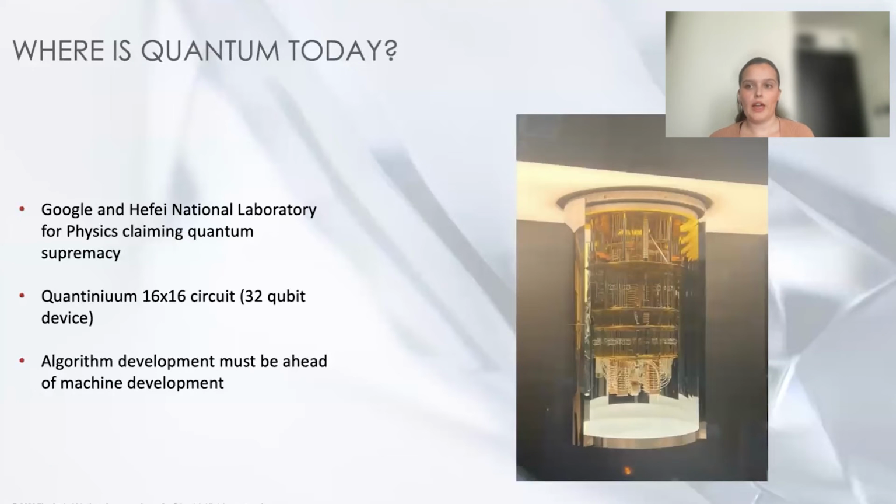So where is quantum today? We've had three separate claims of quantum supremacy, which you may have heard in the news around 2019. Google's announcement was to say that they have managed to run something better on a quantum machine than a classical machine.